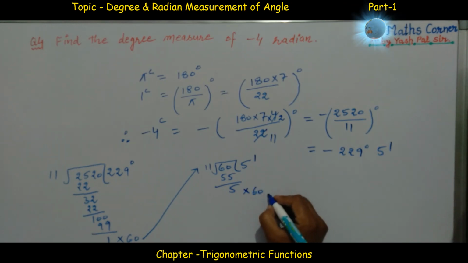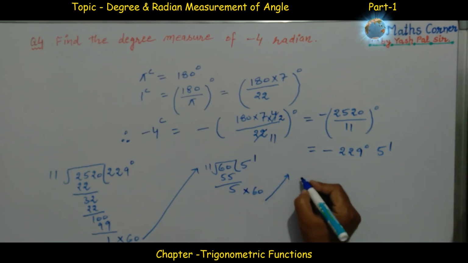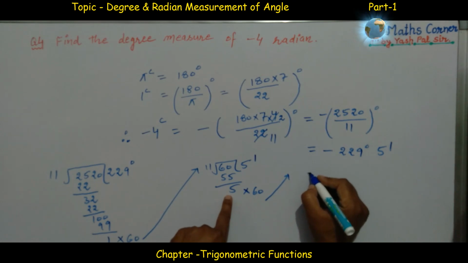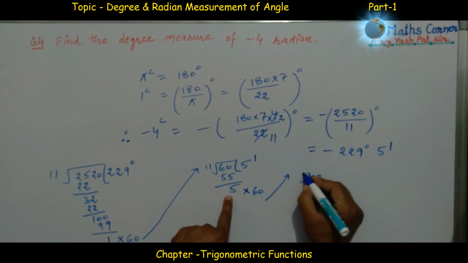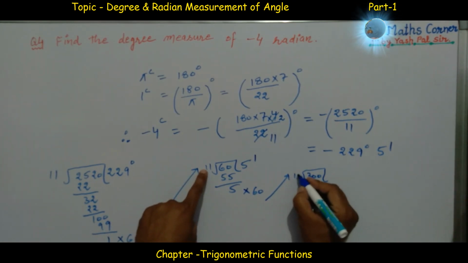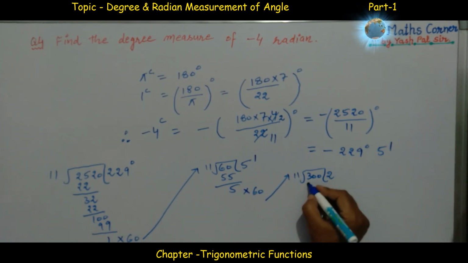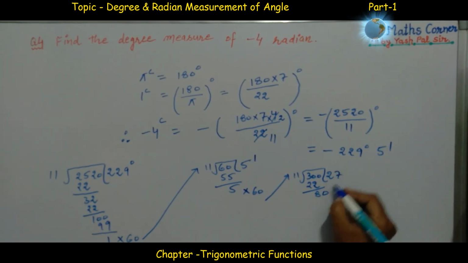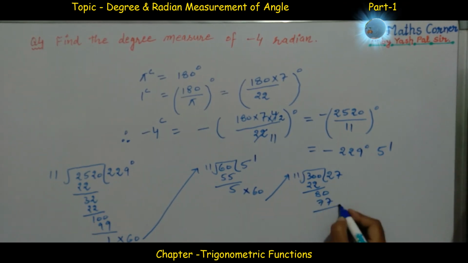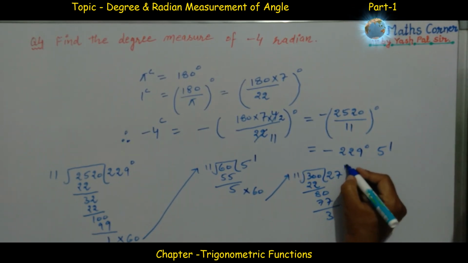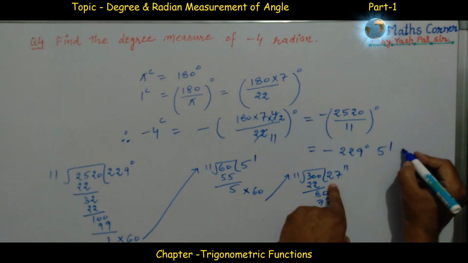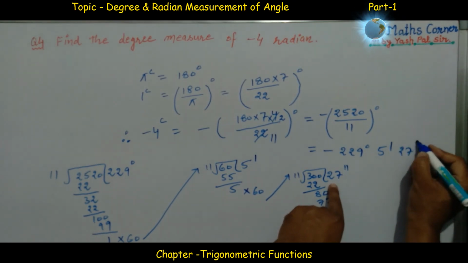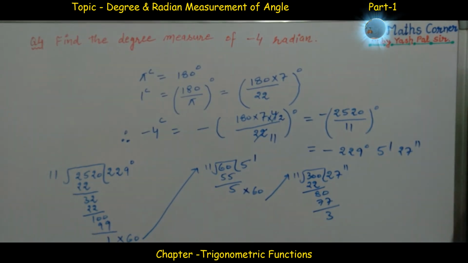This goes here. 60 into 5, 300. Again divided by this 11. 11 twos are 22. 8 0. 11 sevens are 77. 3 is the remainder. This is second. So what we write here? 27 second. That's all. Thank you very much.